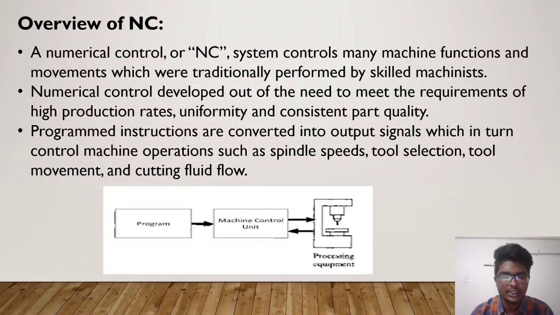NC is nothing but the program being directly written on the NC machine, and it directly converts into output signal via the machine control unit. The processing equipment receives the signal and machines the workpiece.